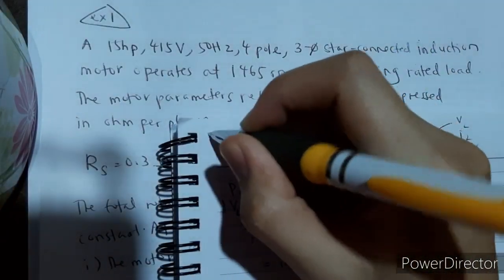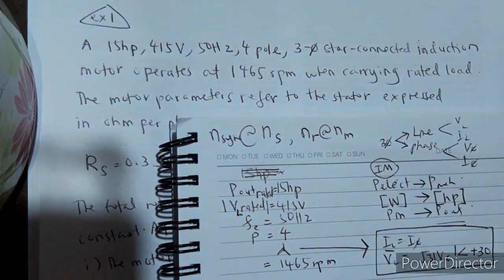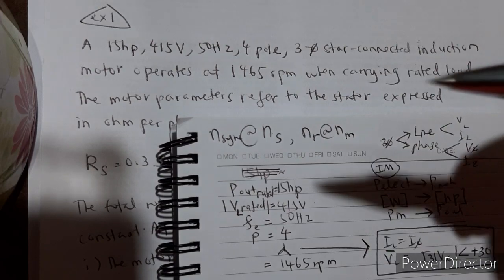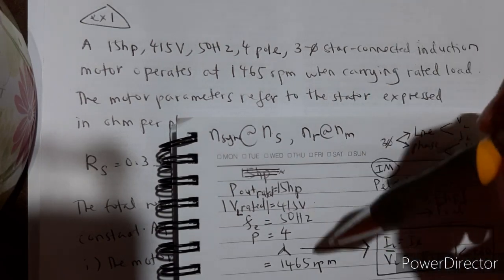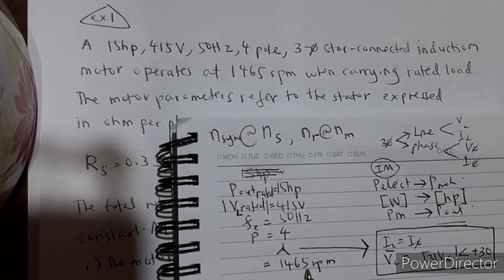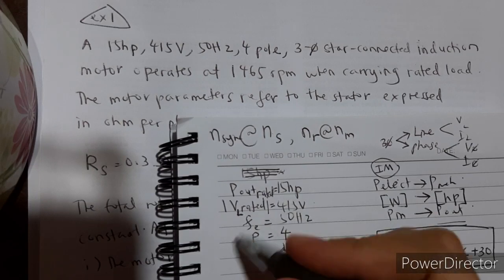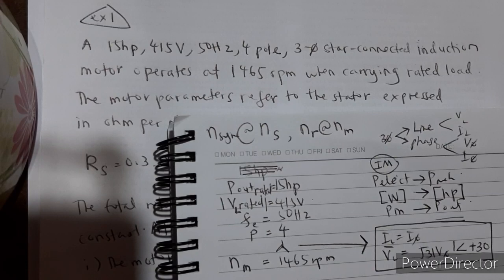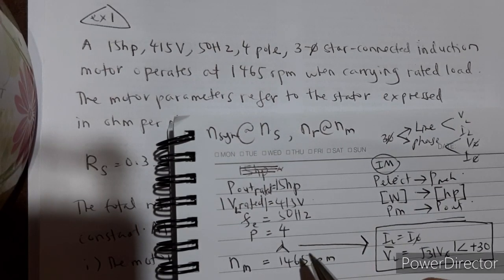So from the sentence, the motor operates at, that is actually N motor or N rotor, so that is your NM or NR. And carrying rated load.